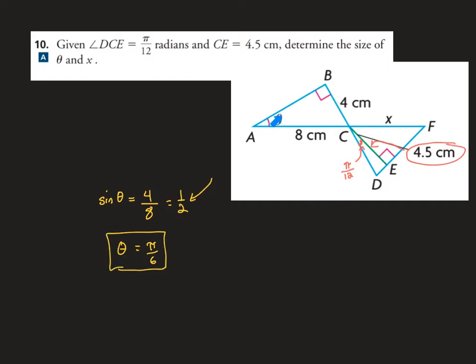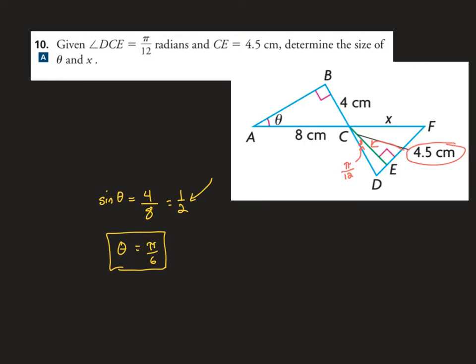All right, now that I know this angle is pi by 6, and I know that this angle plus this angle plus this angle have to add up to pi, because 3 angles in a triangle add up to pi. You guys may remember it as 180 degrees, but in radians it's pi. So this is pi by 2, this is pi by 6, and we must be left with pi by 3.